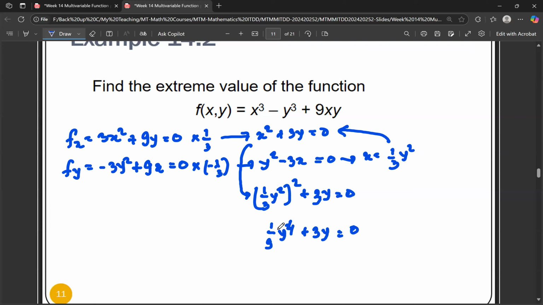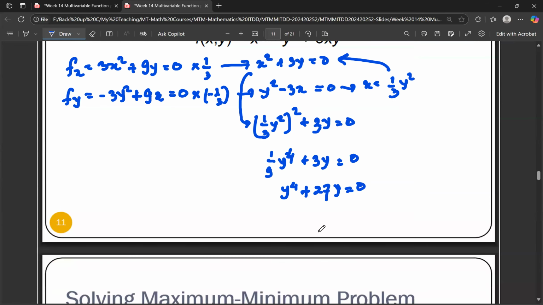And then maybe we simplify this one, we become y^4 plus 27y is equal to 0, and we can solve it.